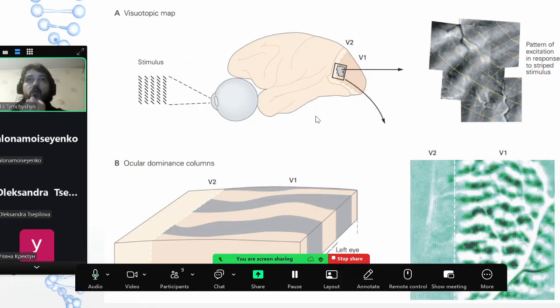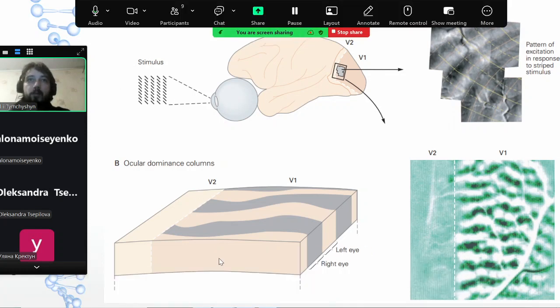Here is one more image. So here is the stimulus. So many different stripes, and when the eye sees this sort of image, it gets once again through that LGN, and so on and so forth, it gets to the primary visual cortex, V1, and here you see this pattern that is some sort of excitation pattern based on the stimulus seen.